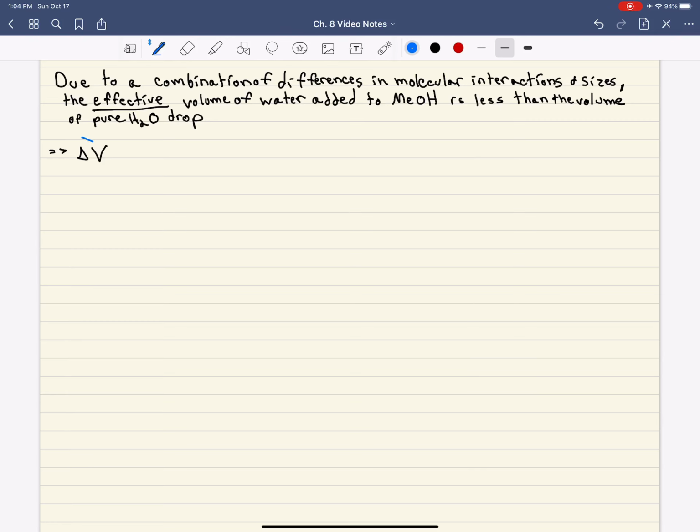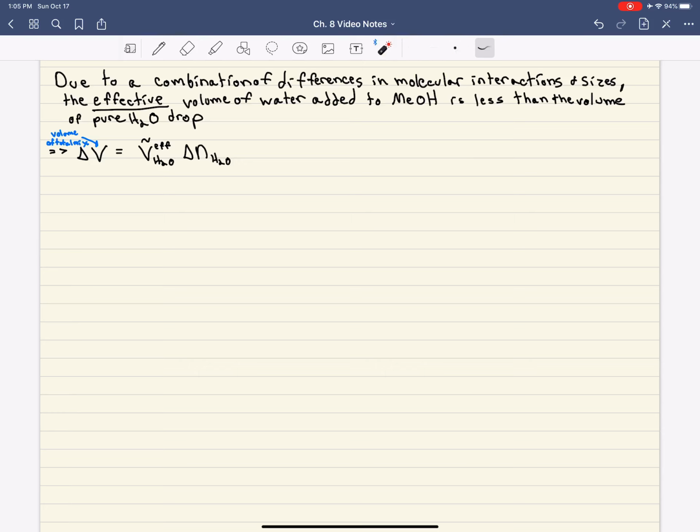So delta V, the total volume change of the mixture, is essentially going to be equal to the effective molar volume of each of our H2O drops times the number of moles of H2O we add to the system, right?